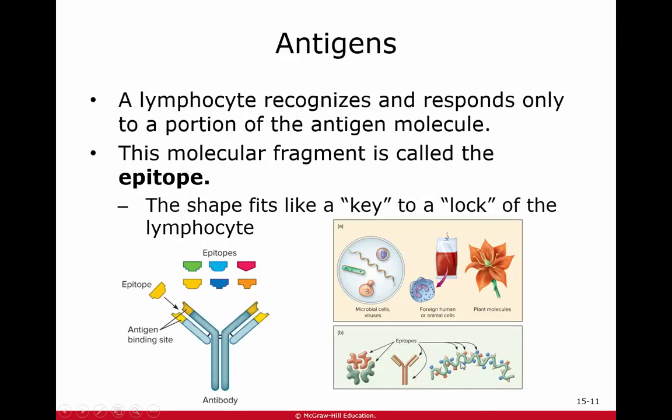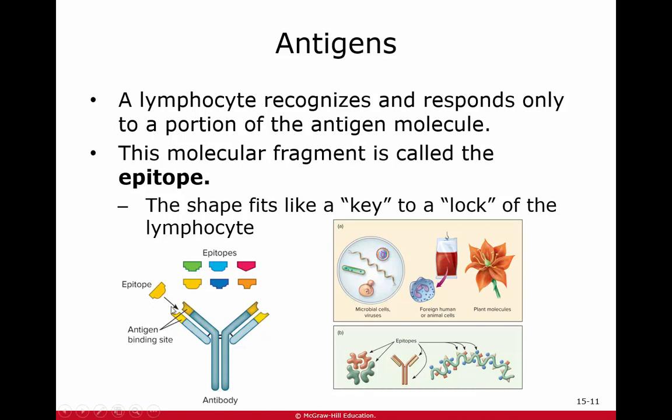If you look at the picture, this is kind of an Anatomy 2 lesson, but this is what a typical antibody looks like. They mention that antibodies typically recognize and respond to only a portion of the antigen. This portion of the antigen is called the epitope. Here's your antibody. This area here and over here are known as the antigen binding site.